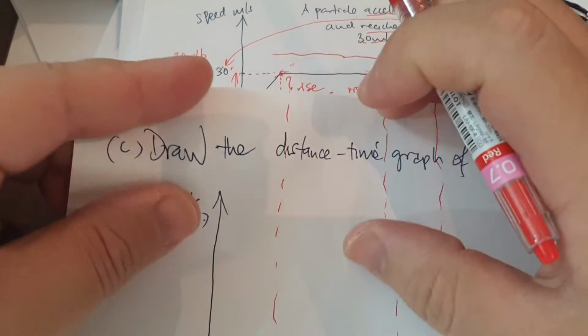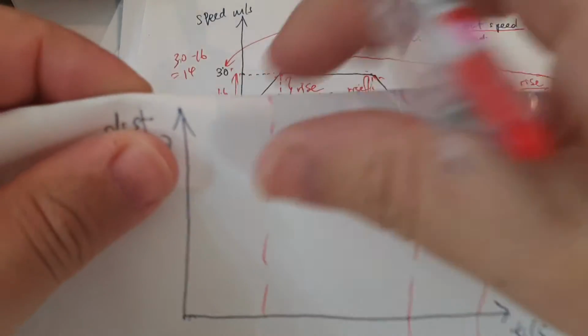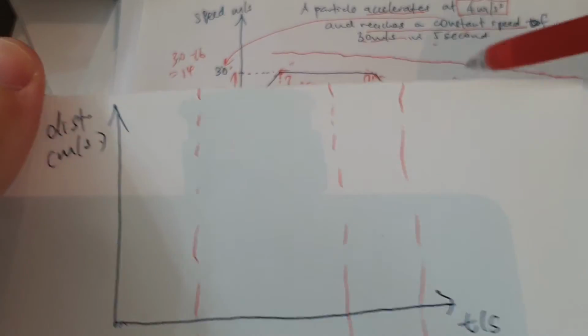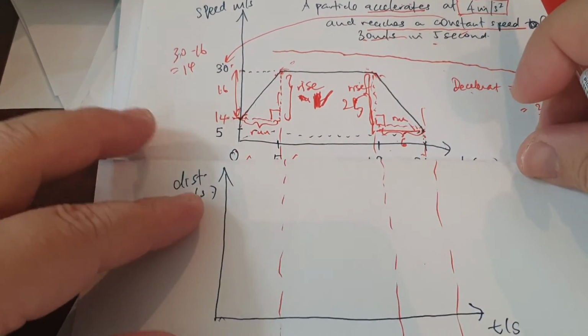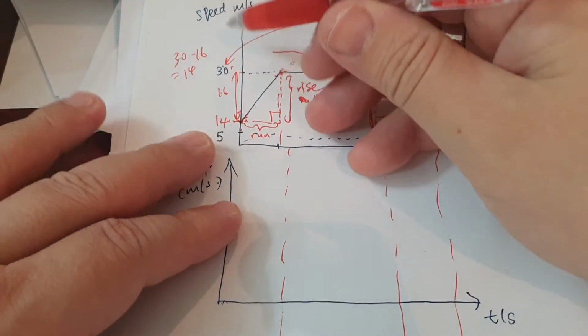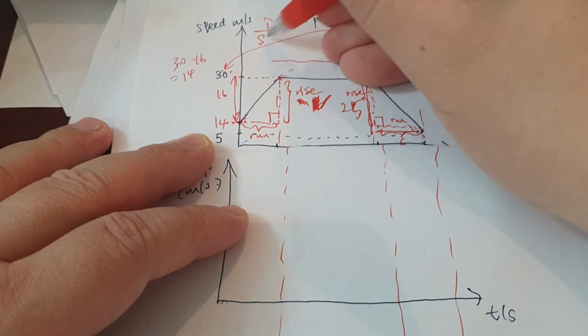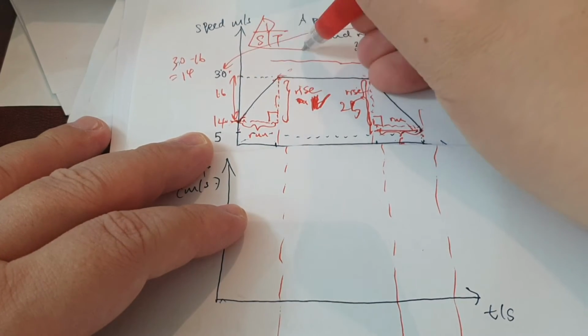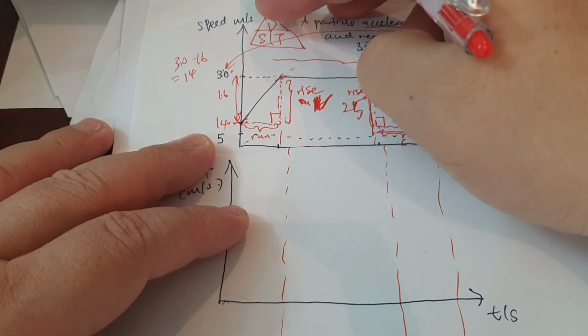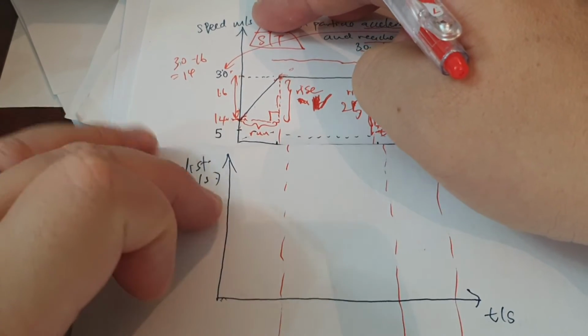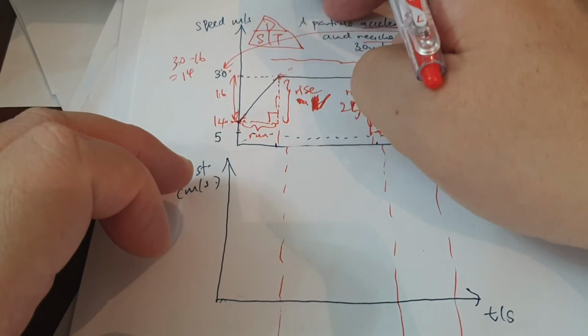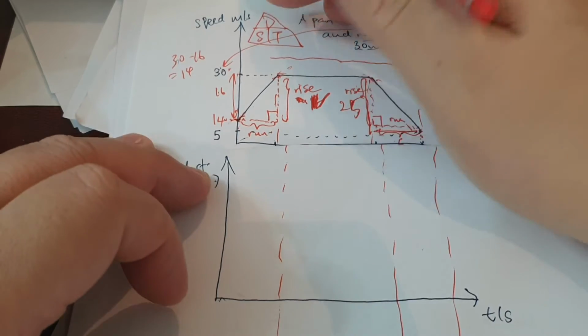Let me show you how to do it. We are now trying to draw the distance time graph. You remember from primary school, you learned distance, DST, right? To find distance, you take speed times time.